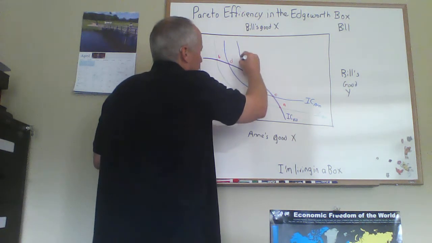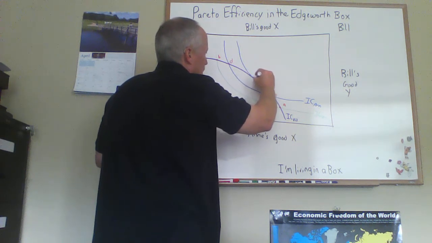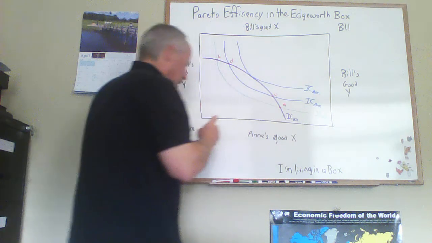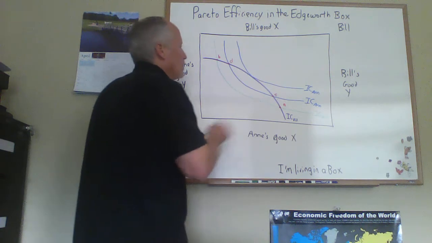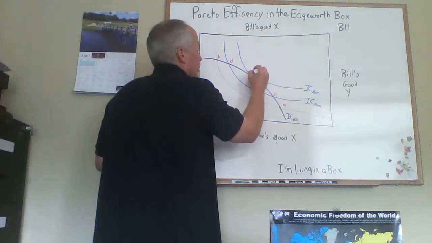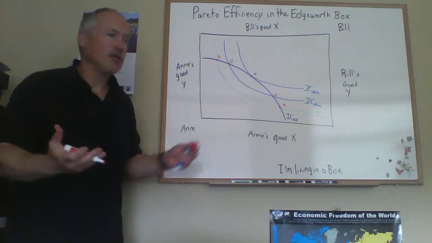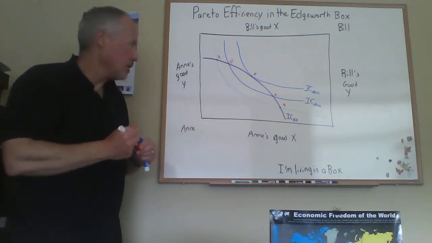Well, we'll draw an indifference curve in here, and we'll be at a point like E, where Ann's indifference curve just happens to be tangent to Bill's indifference curve.